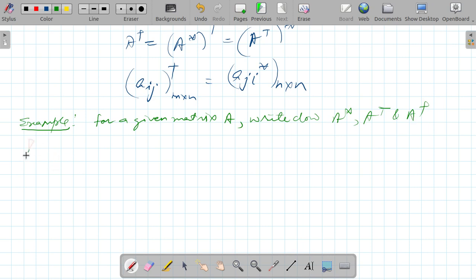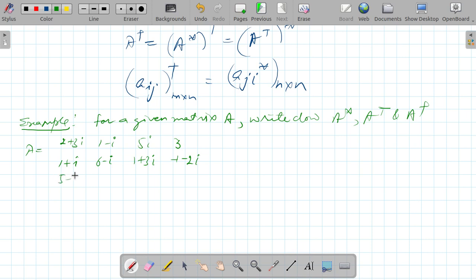So let us consider a matrix A, and it can be written as 2 plus 3 iota, 1 minus iota, 5 iota, 3. Then it is 1 plus iota, 6 minus iota, 1 plus 3 iota, minus 1 minus 2 iota.